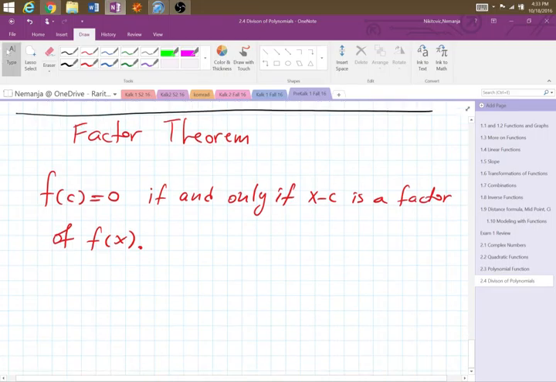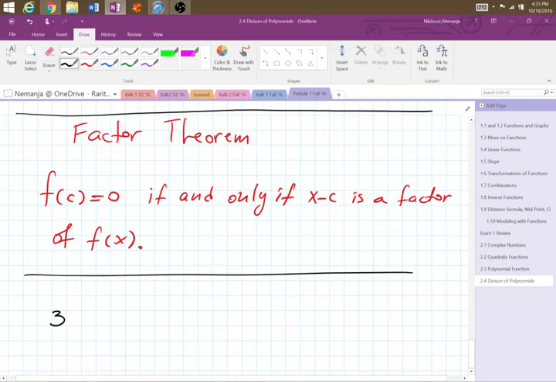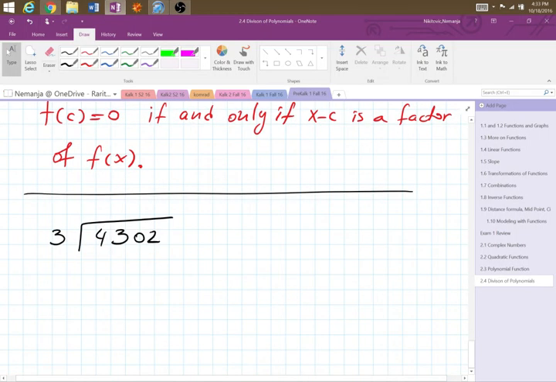Well, I would like to explain the factor theorem first using basic numbers, and then we're going to talk about others. So let's divide 3 into 4,302. Now, I'm going to tell you right off the bat, without doing any work, that this 3 is a factor of 4,302.